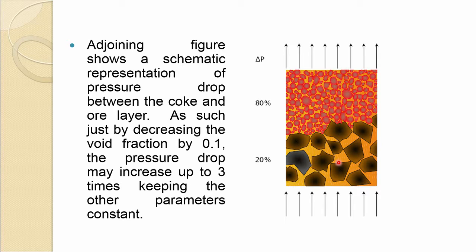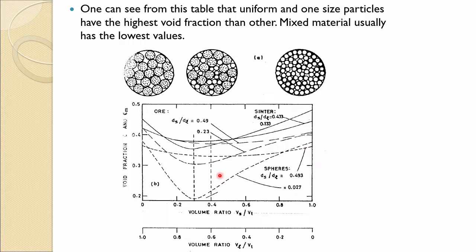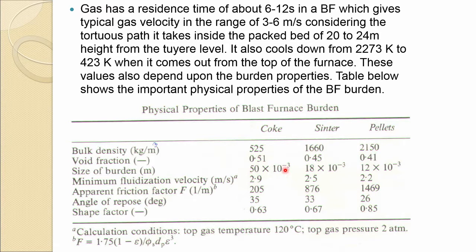So, in fact, if the void fraction decreases by 0.1, the pressure drop increases almost by 3 times. If you look at this table, you can see the void fraction for coke is about 0.51 and for pellet is about 0.41. So, there itself almost 3 times pressure drop would be there.